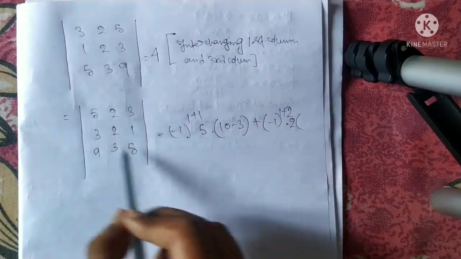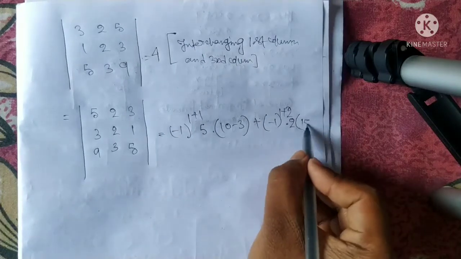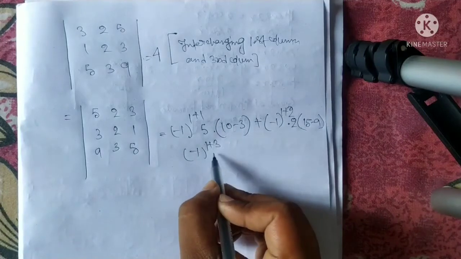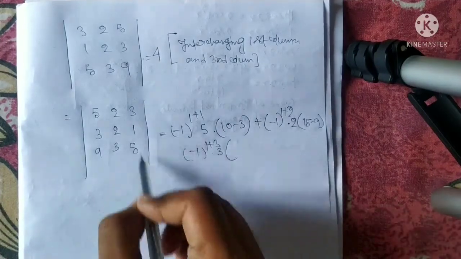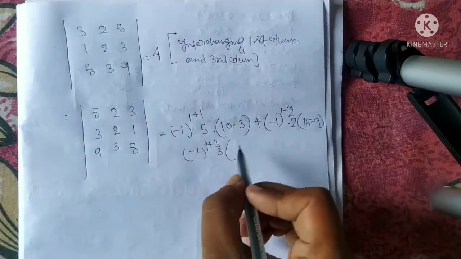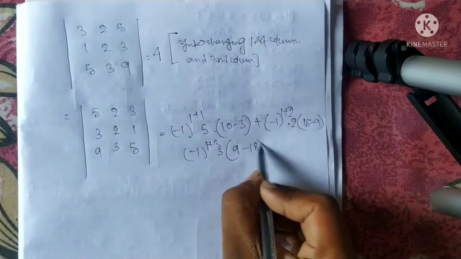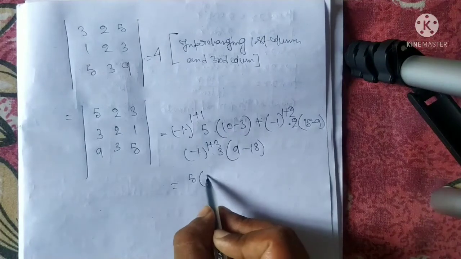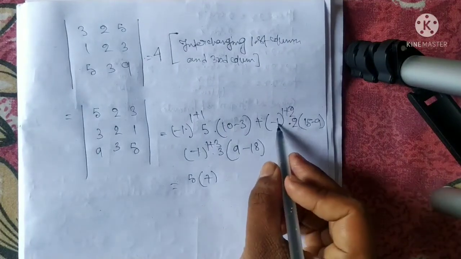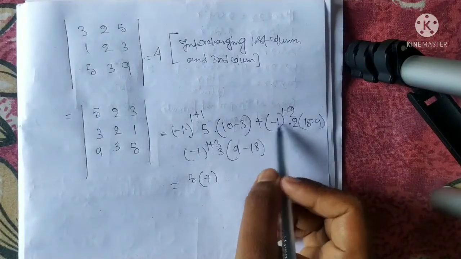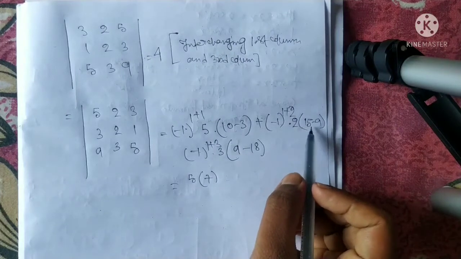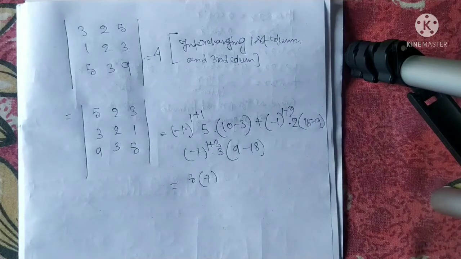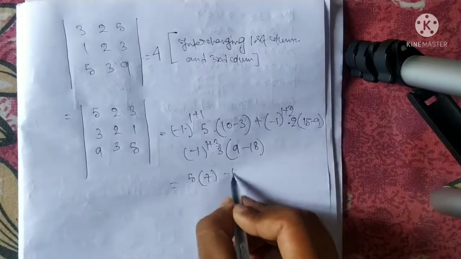So what is this? 15 minus 9, this is minus 1 plus 3, this will become 9 minus 18. So this is plus 5 into 7, this is minus. Okay, so minus, and this is minus 9 6, so this becomes 12, and this is minus, so it will become minus 12.